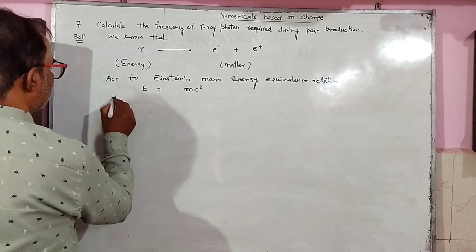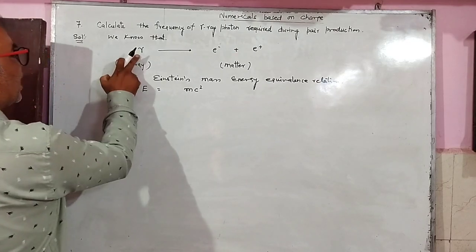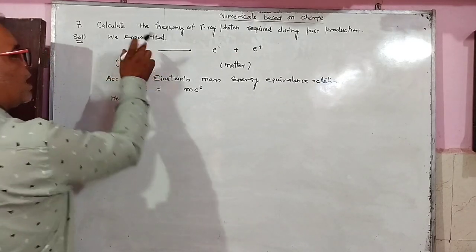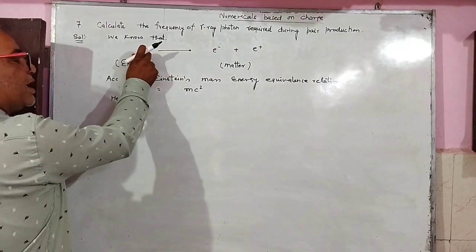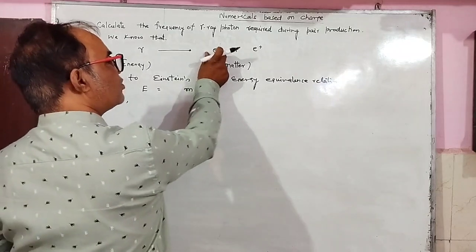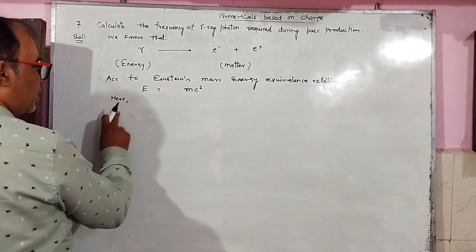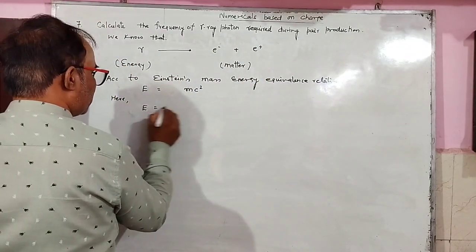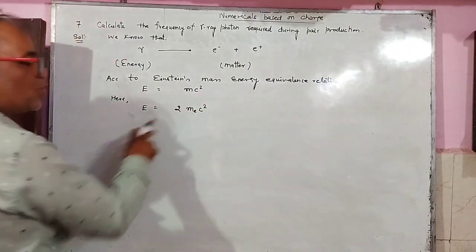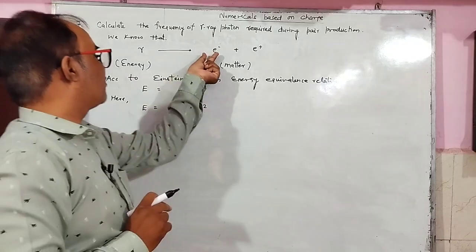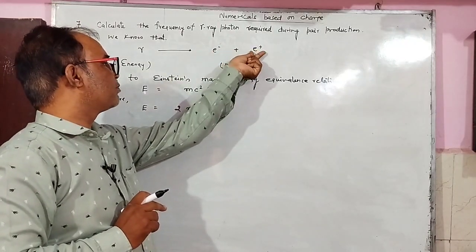Here the entire energy of gamma ray will produce an electron and a positron. Therefore here E is equal to 2 mec square. Why it is 2? One for the electron and another for the positron.